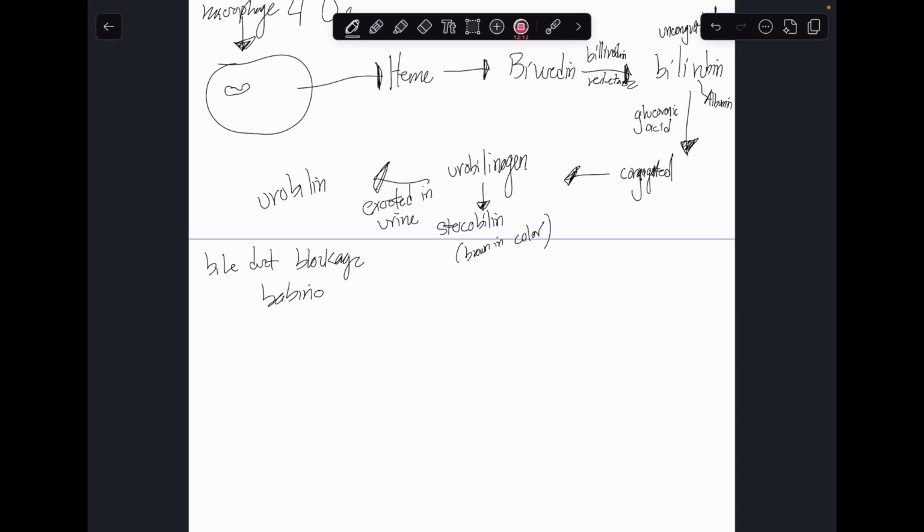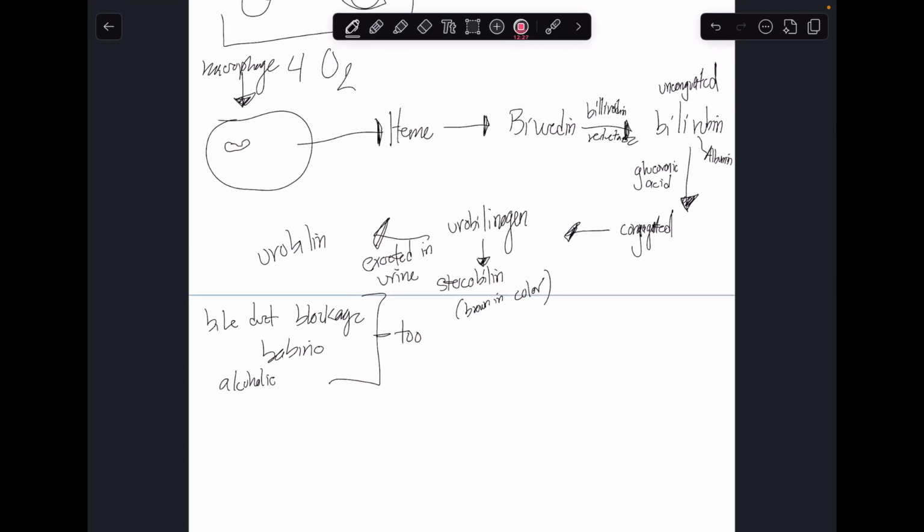Or if you're an alcoholic, if you have these kind of liver problems, then what can happen is that we'll have too much of the conjugated bilirubin, and in these cases, it'd be jaundice.